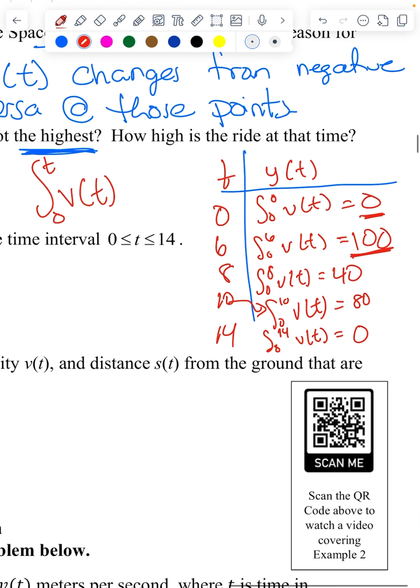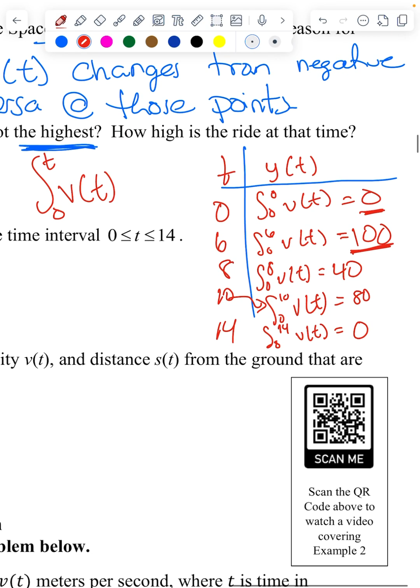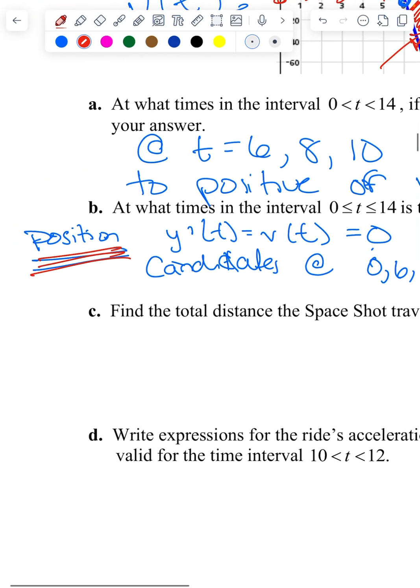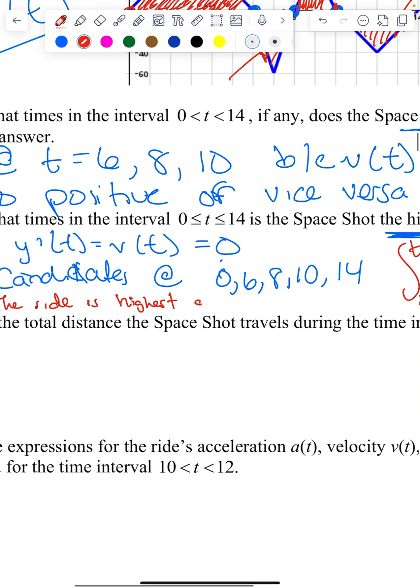So according to the table, the space shot is the highest at t equals 6. Okay, the ride is the highest at t equals 6 seconds with a height of 100 feet.